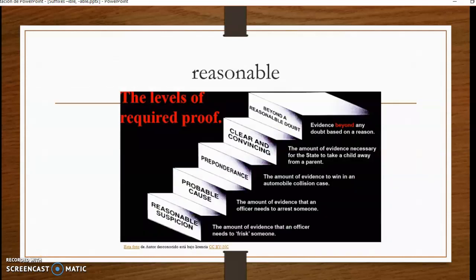Reasonable. Reasonable is when you give proofs and the person understands them. A person also can be reasonable, which means the person understands the reasons you're giving. Or you can say you need to be reasonable, like you need to make sense.